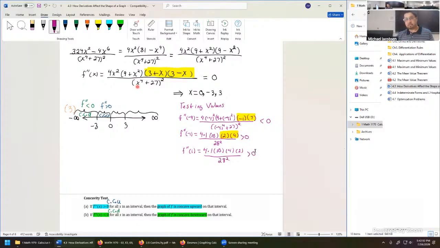And so it's still positive. Kind of weird, right? That only happened because of the power 2. We're going across the 0 of multiplicity 2, is what we might say in a pre-calculus 1 class. That gave us positive again, f double prime positive, so concave up.